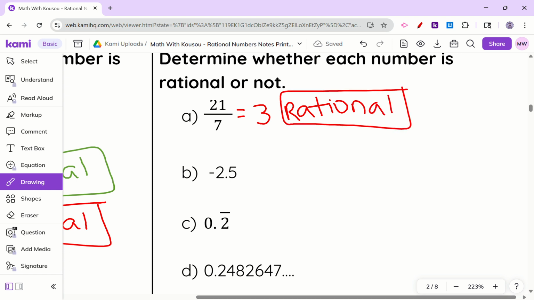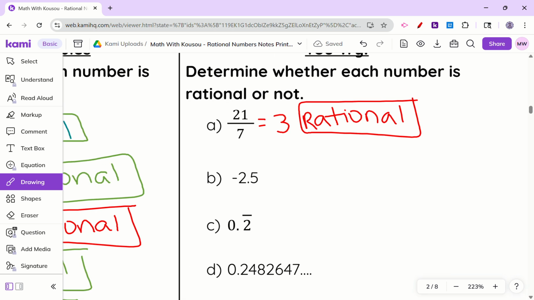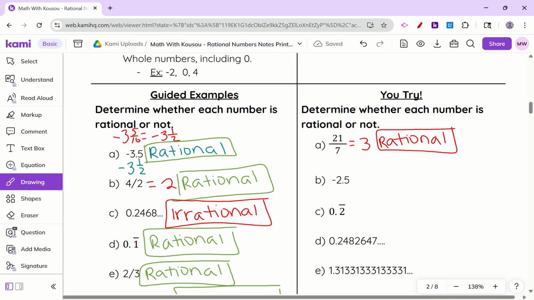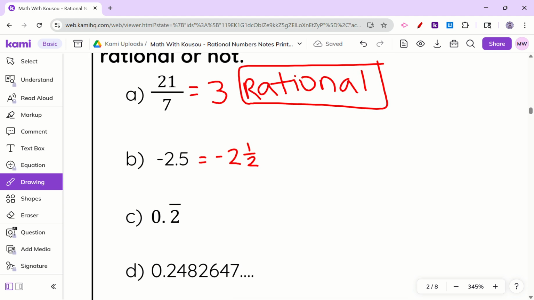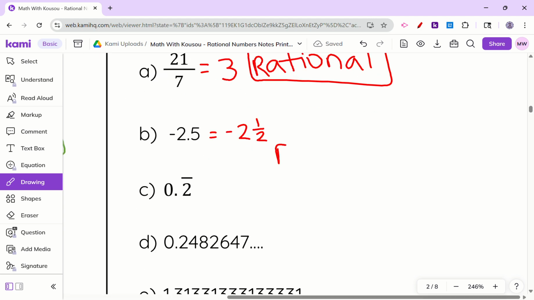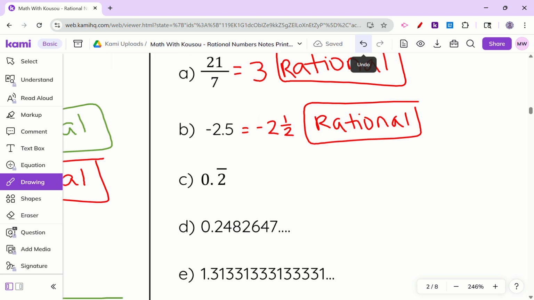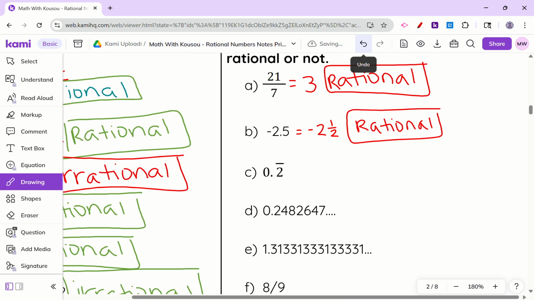All right, so this next one we have -2.5. This is a terminating decimal, right? And it can be written as a fraction. -2.5 is -5/2 as a fraction, right? So therefore this is rational. All right, next we have 0.2 repeating.